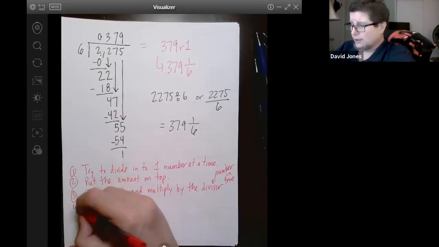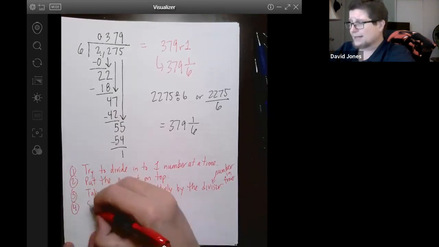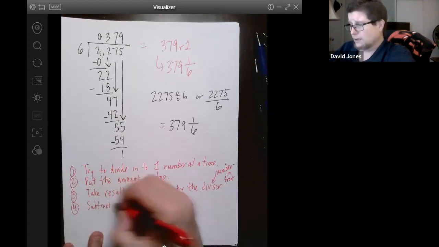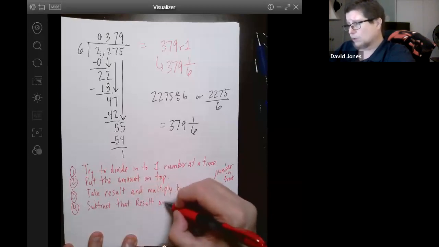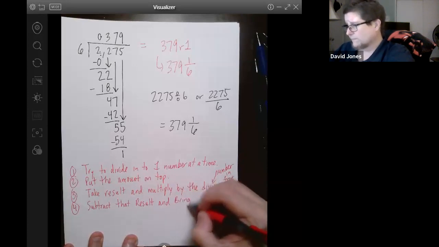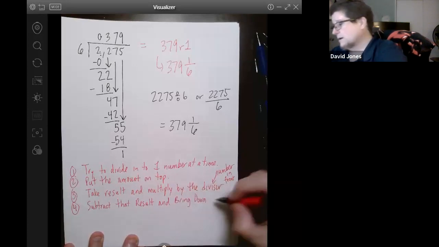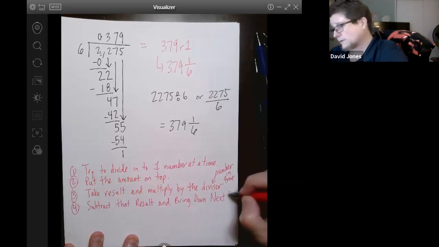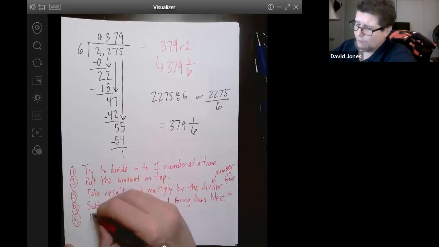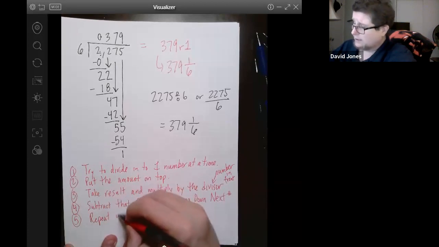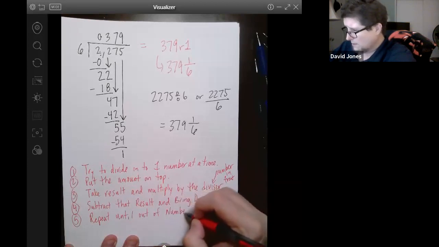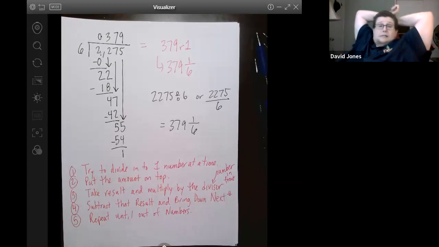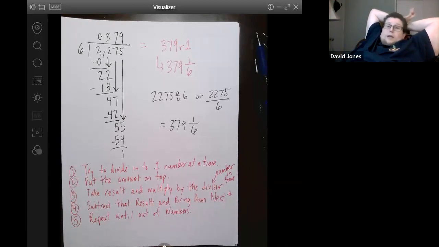Step 4, subtract that result and bring down the next number. Then we repeat until we're out of numbers. That's really what we do with long division. I don't have any variables in it yet.